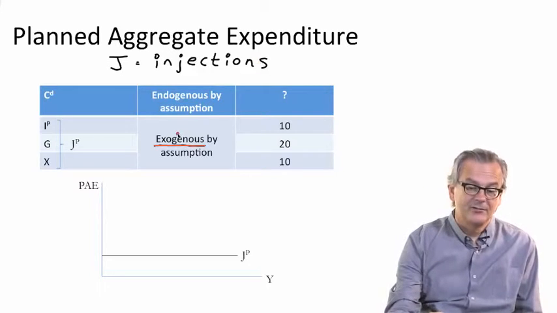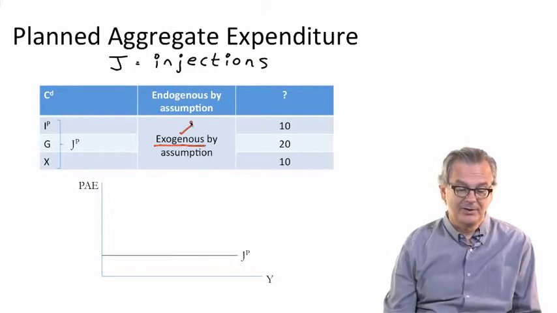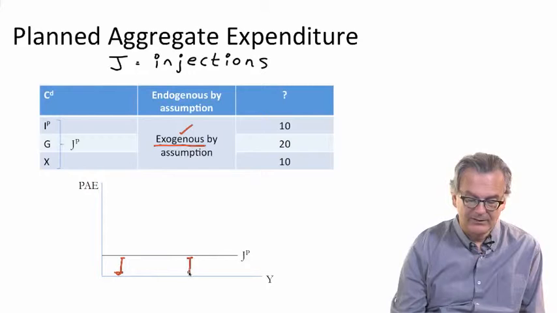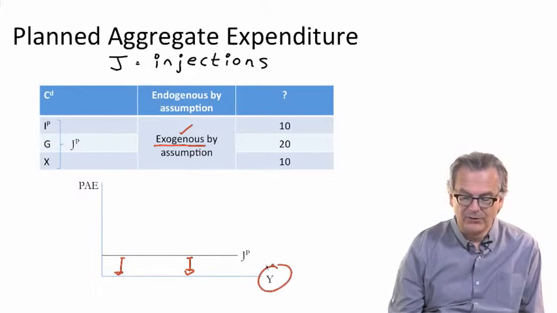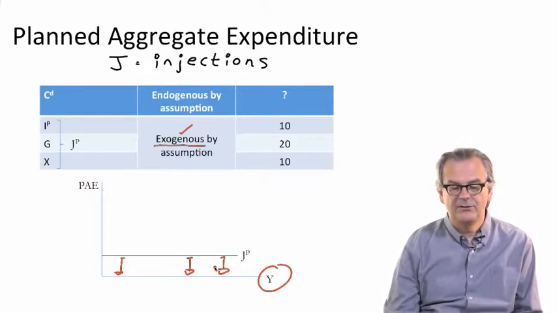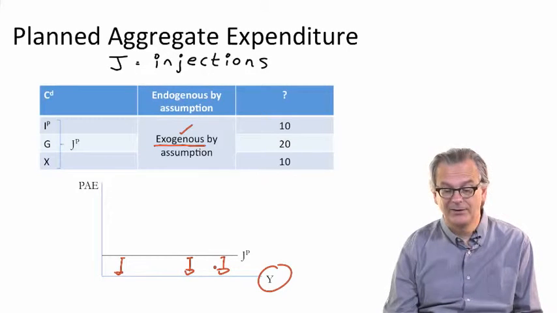In fact, that is very much a reflection of the exogenous nature of planned injections, because what this is telling us is it doesn't matter what level GDP is, planned injections are always going to be the same value. And that really is a reflection of the exogenous nature of planned injections.